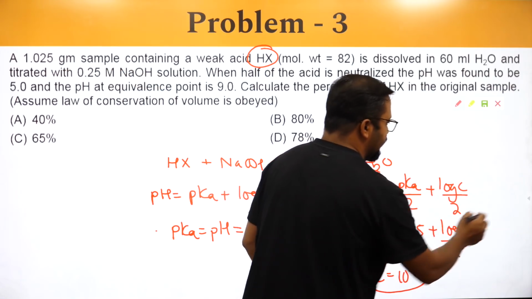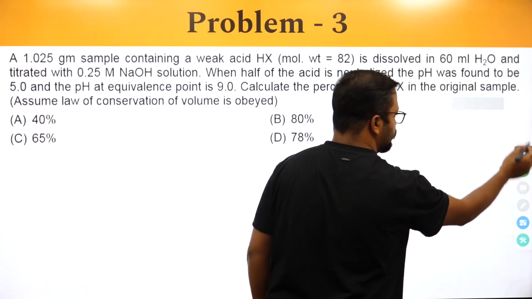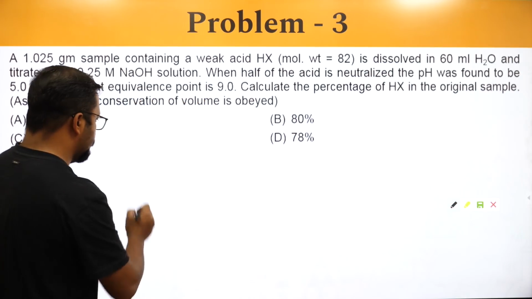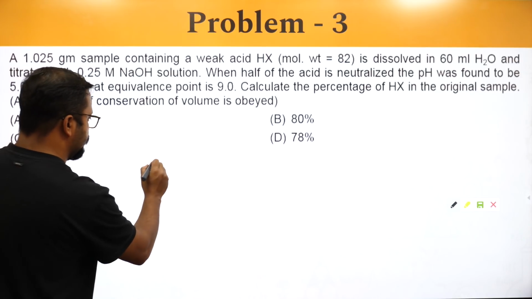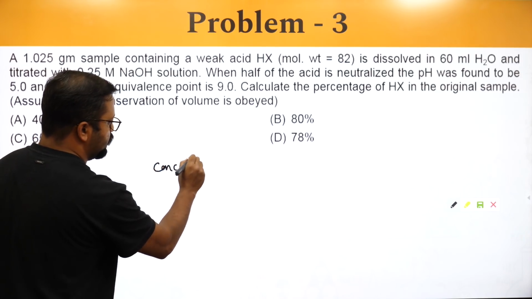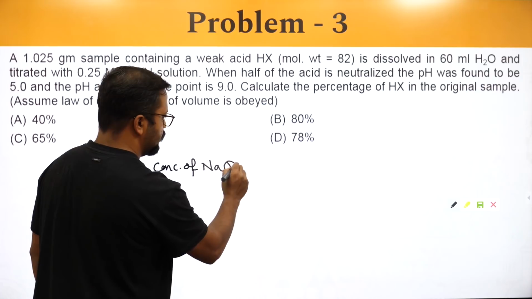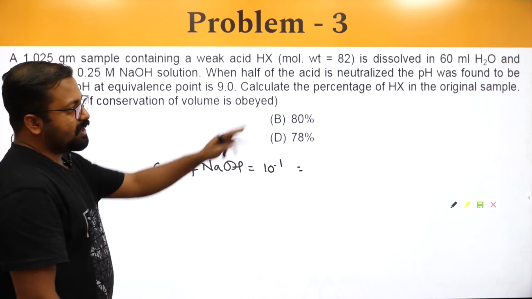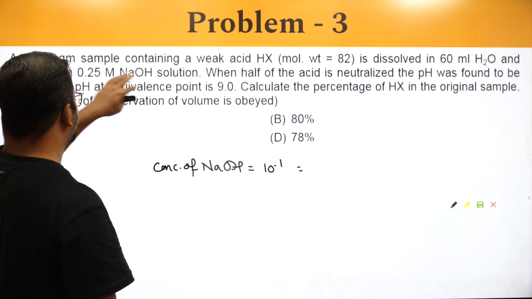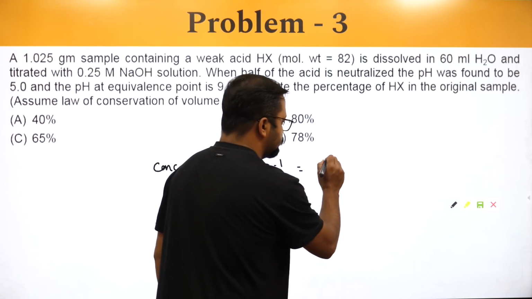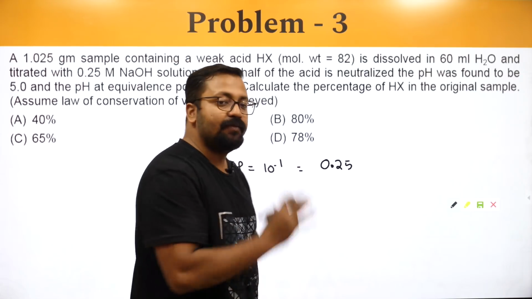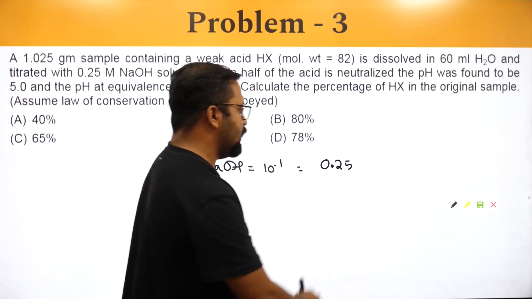So with this idea in mind, what we will do is, so concentration of NaOH will be 10 raised to minus 1. Now, what is the molarity of NaOH? 0.25. 0.25 का कितना वॉल्यूम आप लेंगे कि ये 0.1 हो जाए, ये मुझे मालूम नहीं है.